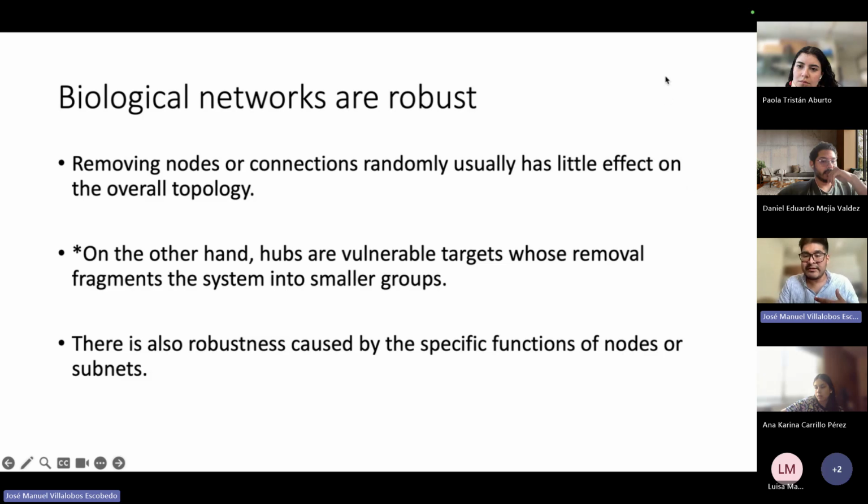So when we are designing experiments to evaluate networks, we need to think about all of this. But robustness is a property of networks, and it's about the fact that many of the nodes are not super important in terms of phenotypes.